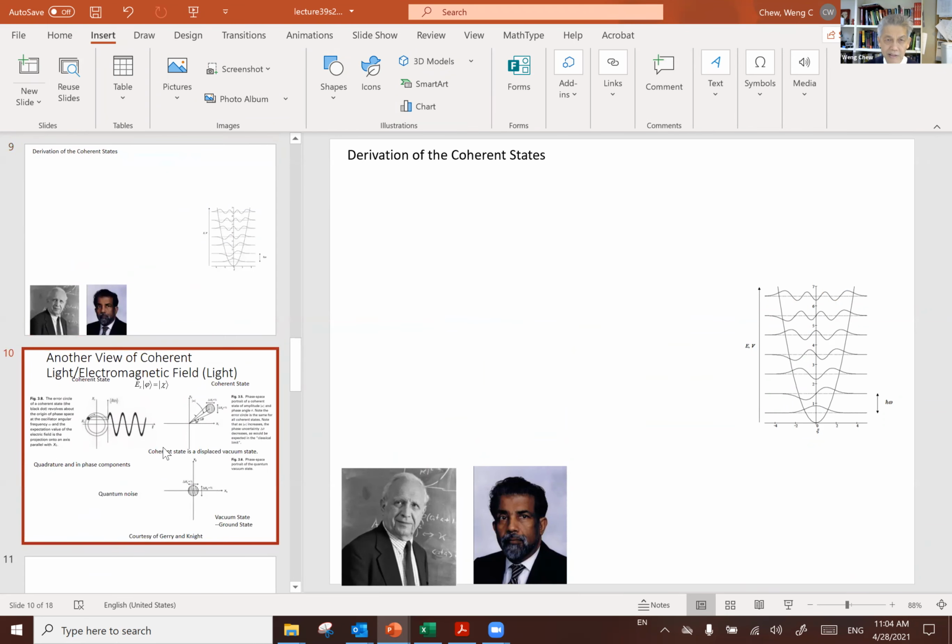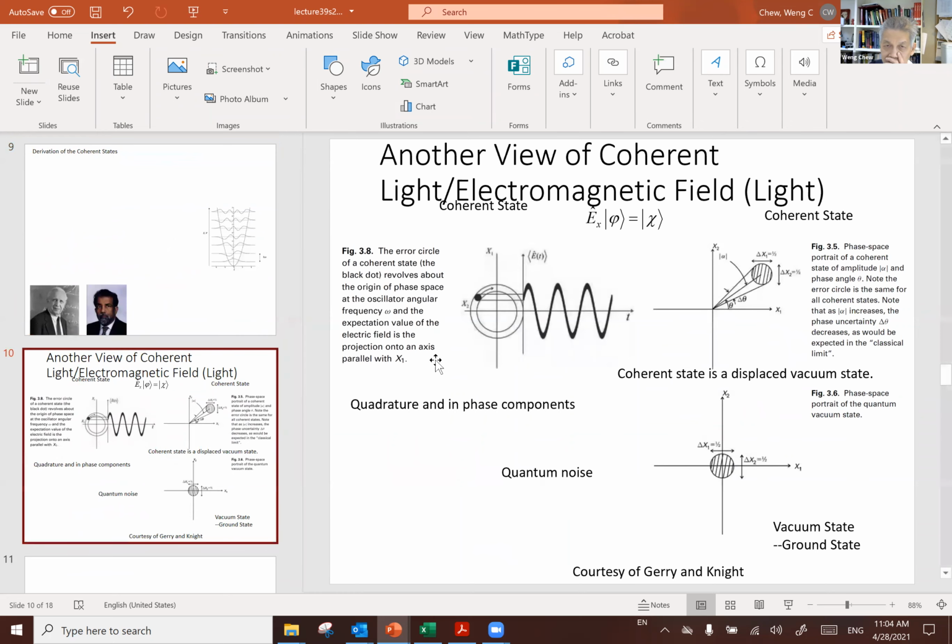But essentially, the gist of the story is that when you have something that is completely deterministic, if you denote this by a point in the quadrature space, this would be a perfect sinusoidal function. But because this is now a random variable, it actually has the mean and the standard deviation.